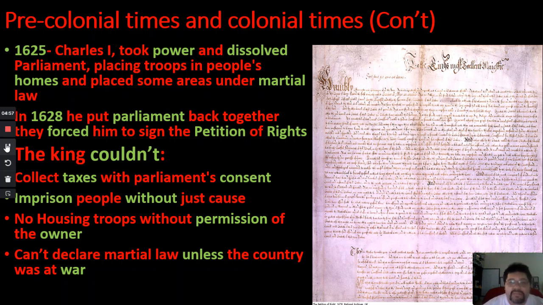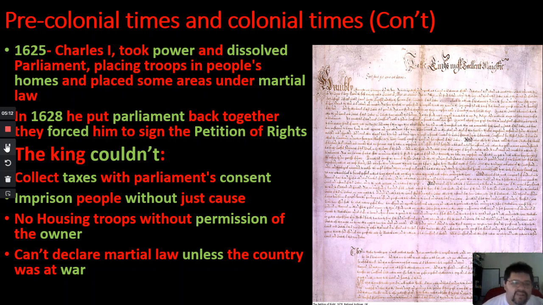And he placed some places under martial law. So the military basically took over towns, parts of towns, and things like that. So yeah, it was pretty bad.